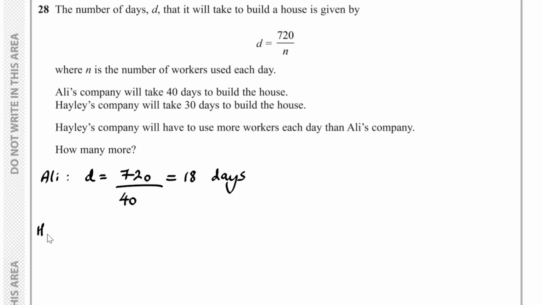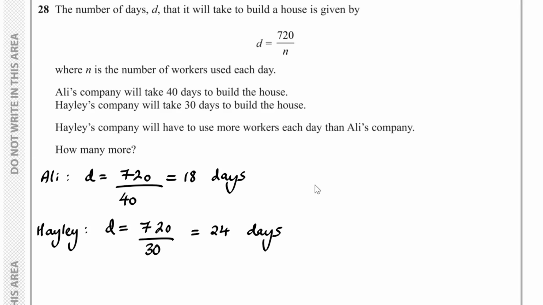And if we consider Haley, the number of workers is equal to 720 divided by 30, which is 24.